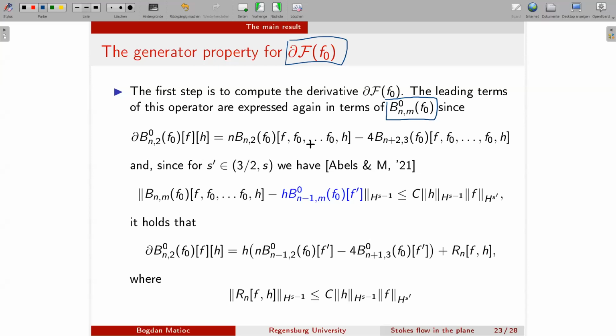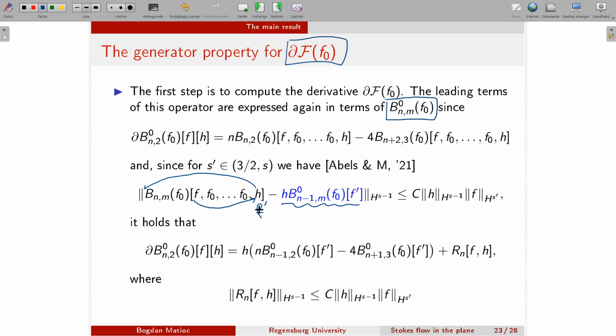But we can, so take this operator, for example, we can do the following. We can move h in front of the operator and put f on the last position with a prime. And if we do this, we obtain this operator in blue, which is an operator in the class B_{n,m,0}, evaluated at f prime.